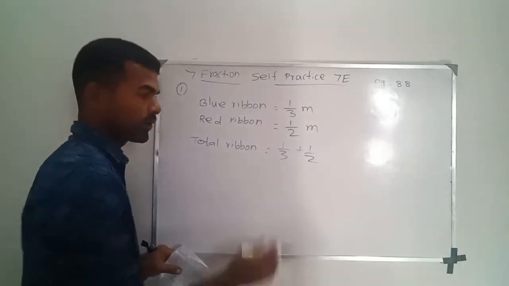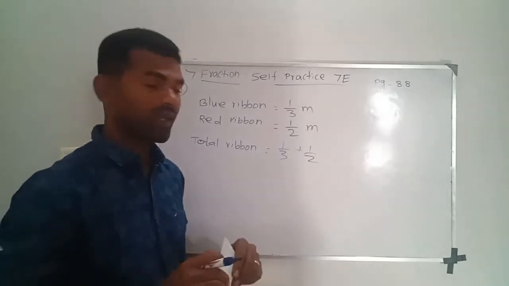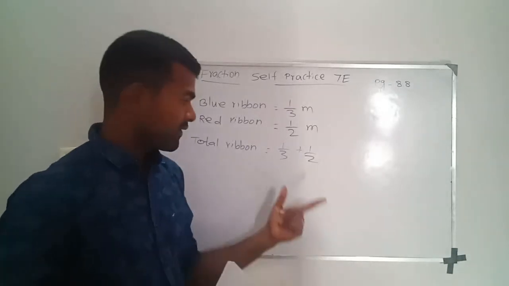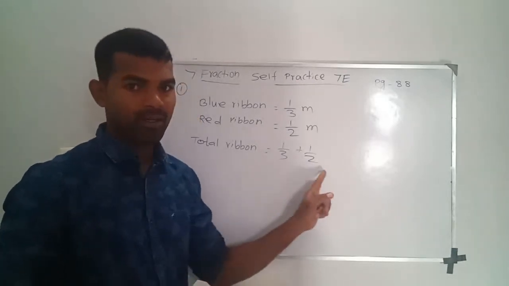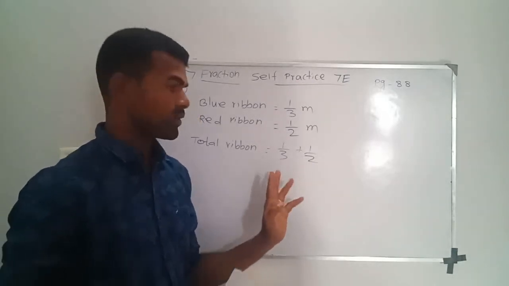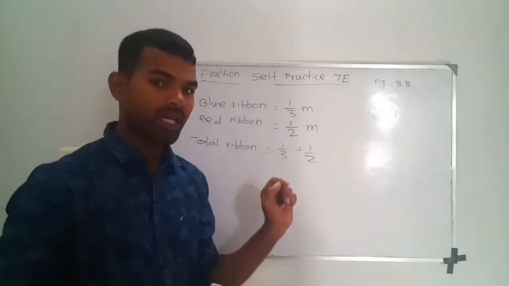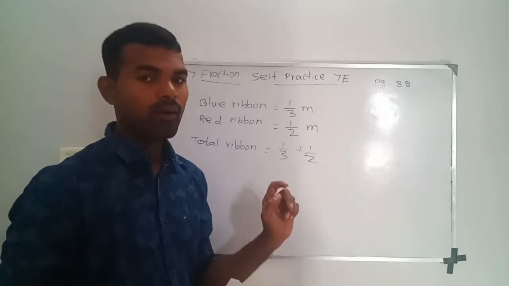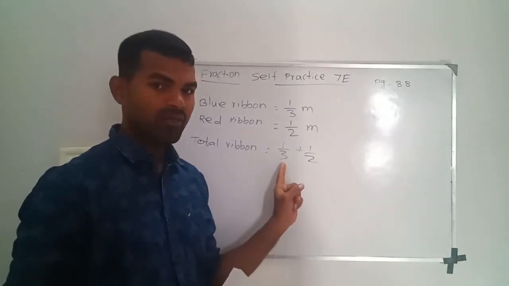Now here is 3 and here is 2. We can add the numbers when the denominator is the same, but here the denominators are different. So what we have to do: first change the denominators into the same number. Got it? How can we change it? By finding the LCM of 3 and 2.